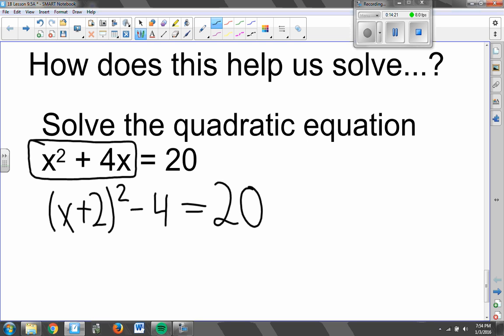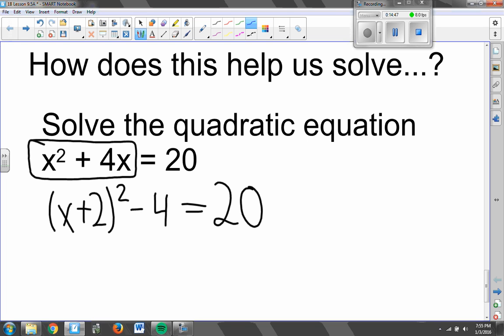So now we bring the right side of our equal sign back in, and we have x plus 2 squared minus 4 equals 20, and our job now is to solve for x. The good news is we don't have to factor anything or anything like that. We can just solve using our algebra skills. So step 1 would be to get rid of the parentheses.